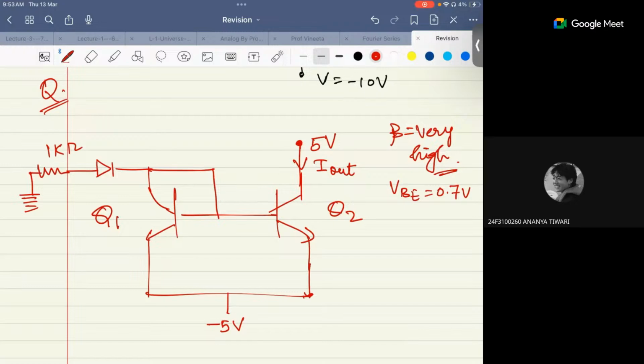For here also, this has been given already. If it is working in forward bias, it will be 0.7. What else do you need? Anything else? No, right? This is 0.7, this also will be 0.7, and this will be minus 5 volt.